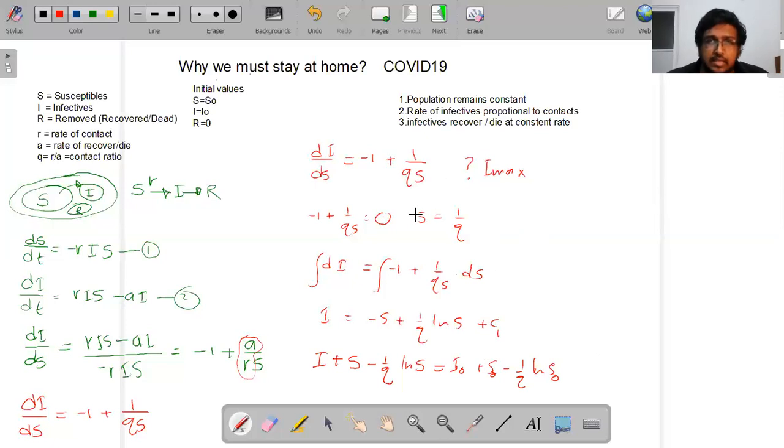Then you can see this S value. We understood when S equal 1 over Q, you get the maximum I. So now you have a chance to tackle this I max.